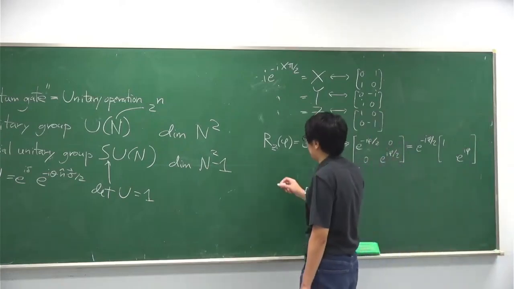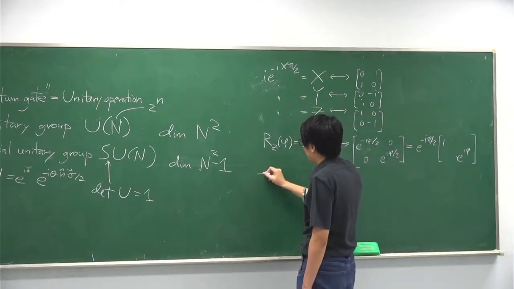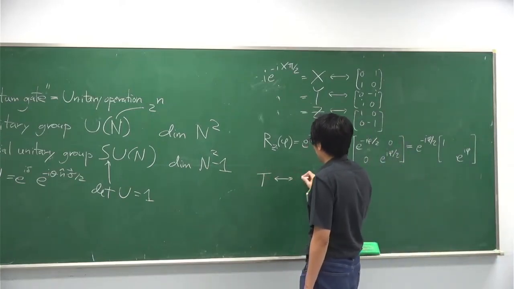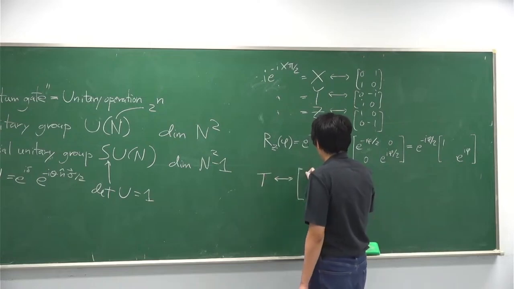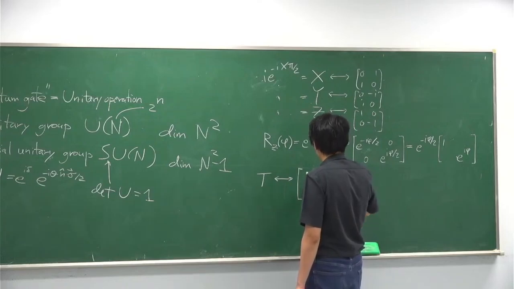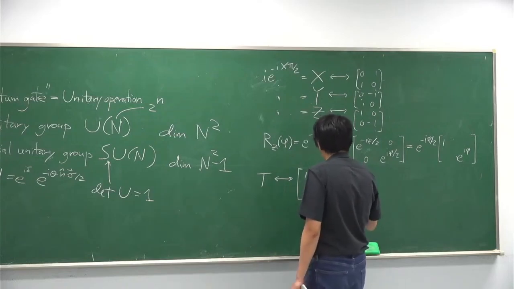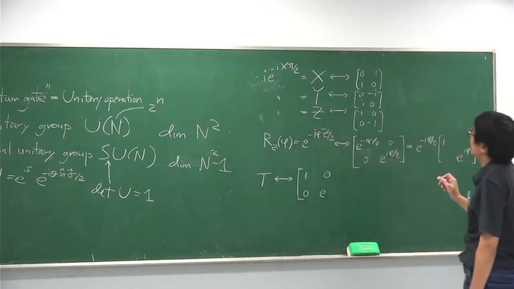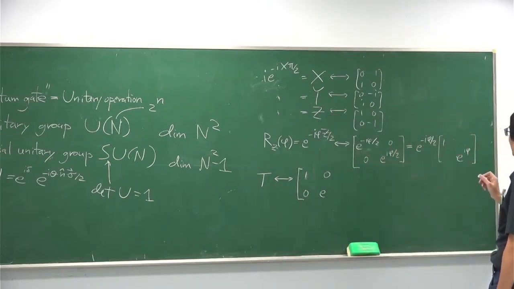So for example, in quantum computation, there are T gates. The T gate is the fourth root of Z, I think.